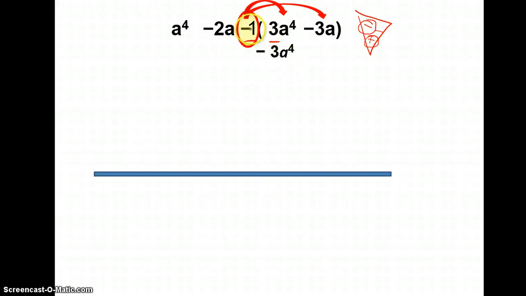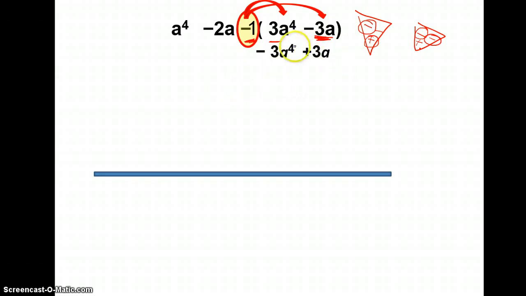All right, let's try negative times a -3a. So a negative times another negative, I'll get, you guessed it, a positive. 1 times 3 is a 3, so positive 3a.